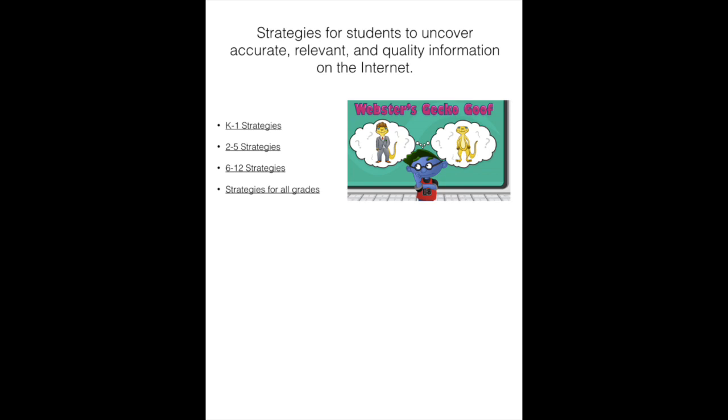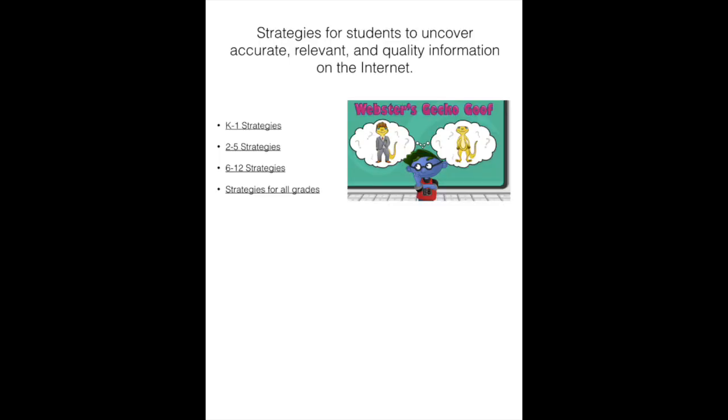On the previous slide, there was a great strategy to teach kids how to evaluate sites themselves. Here you can find grade-appropriate information to help students with their accuracy, relevance, and finding quality information. Students in the kindergarten and first grades should not navigate the websites on their own. Teachers can show them how to evaluate sites also.